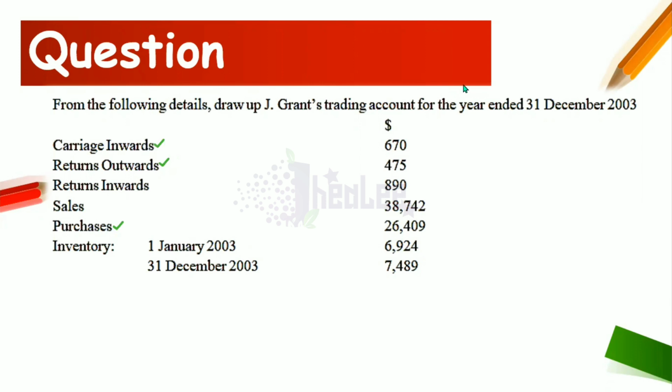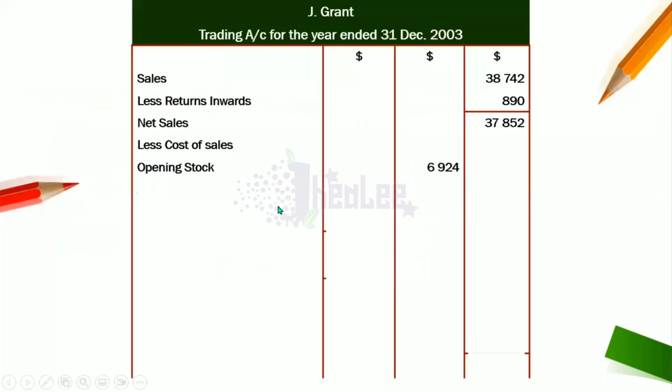So our next step is to calculate net purchases. So we're going to pick up our purchases figure, which is $26,409, and we're going to record that. And we're going to use the first monetary column because we'll be adjusting our purchases figure.